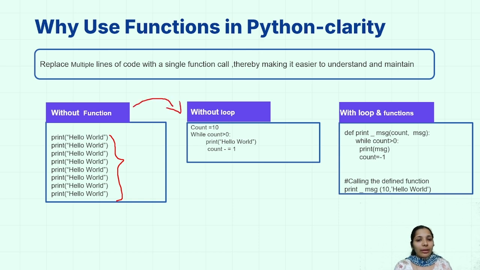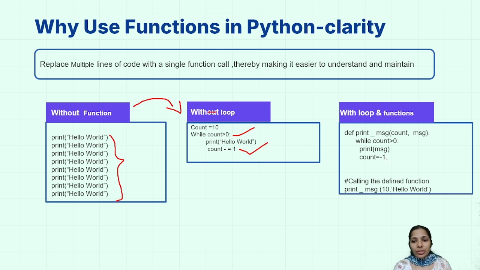Again, I can reduce the lines of code by using a loop concept. I give count equal to 10, give the condition and the printing statement, and decrement the count, and it will print hello world.